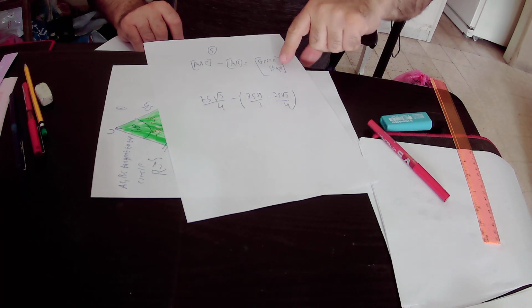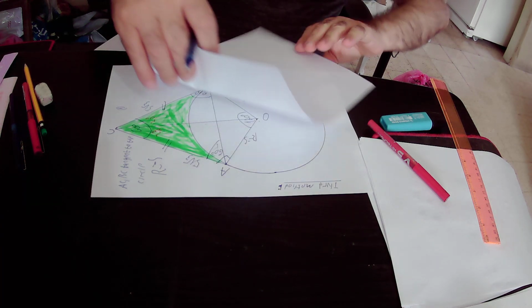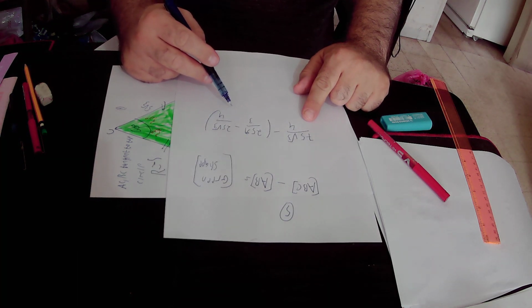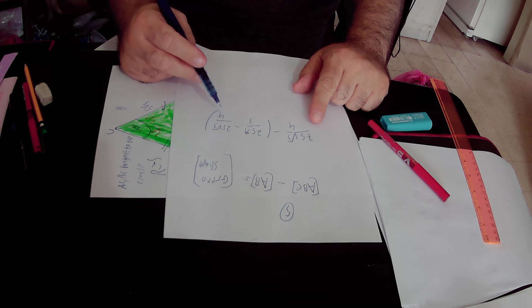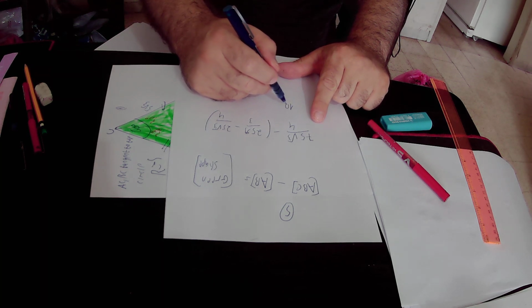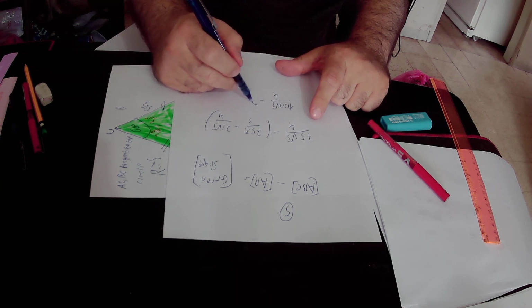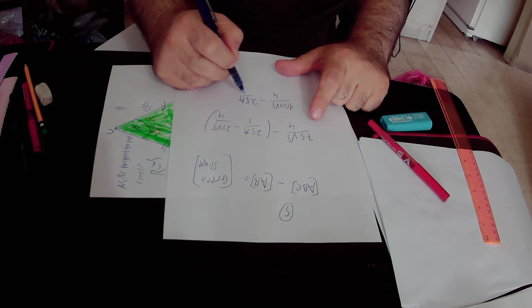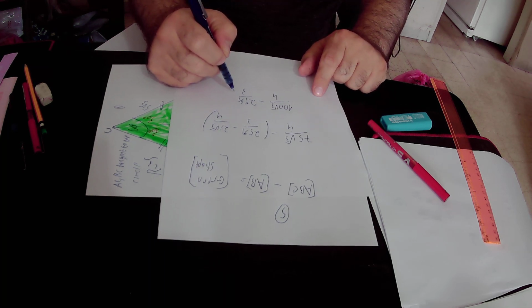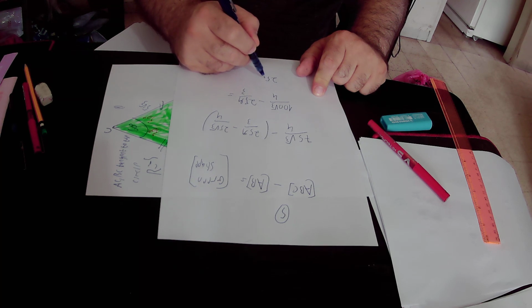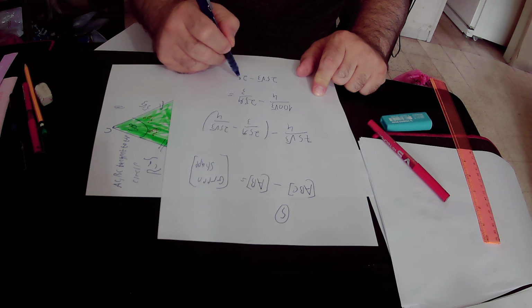We will open the brackets here and we will get that 75 root 3 plus 25 root 3 is 100 root 3 over 4 minus 25 pi over 3. So it equals 25 root 3 minus 25 pi over 3.